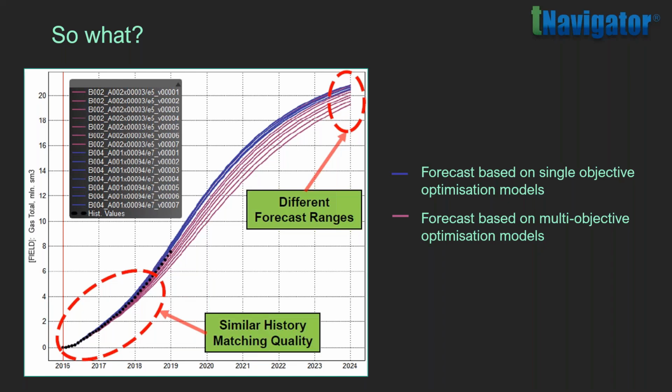But this situation changes as soon as we start looking at the forecast. And you can see that our blue lines are our forecast based on single objective models. In our forecast, we have the same number of results for both the single objective and multi-objective, but the range is quite different.